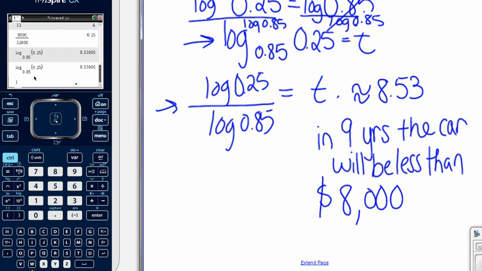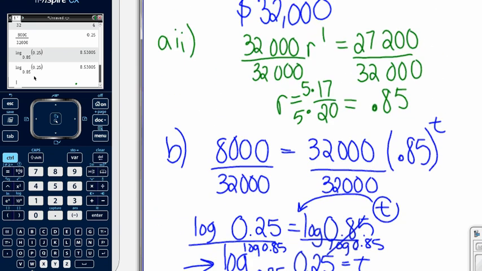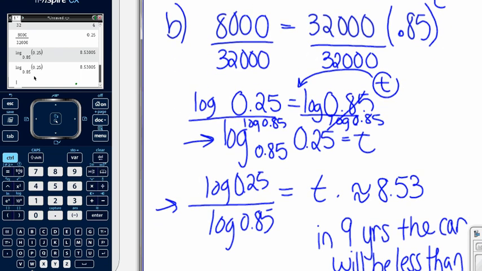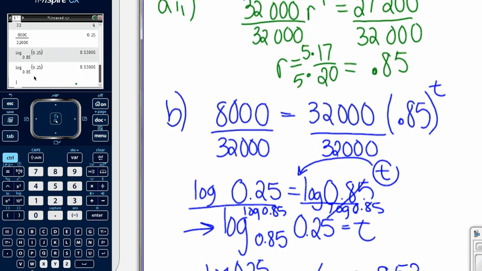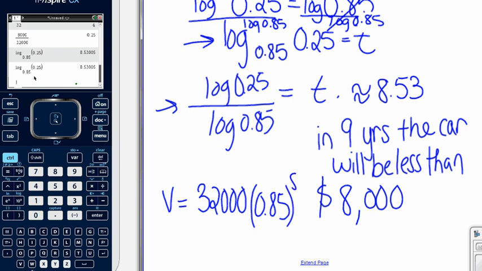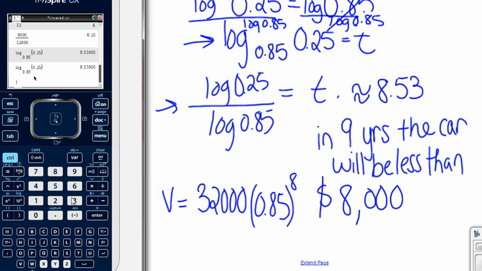Okay, and if you had a hard time thinking about that in your head, you can of course just plug it back into the equation. If I look at after 8 years, this is 32,000 times 0.85 to the 8.